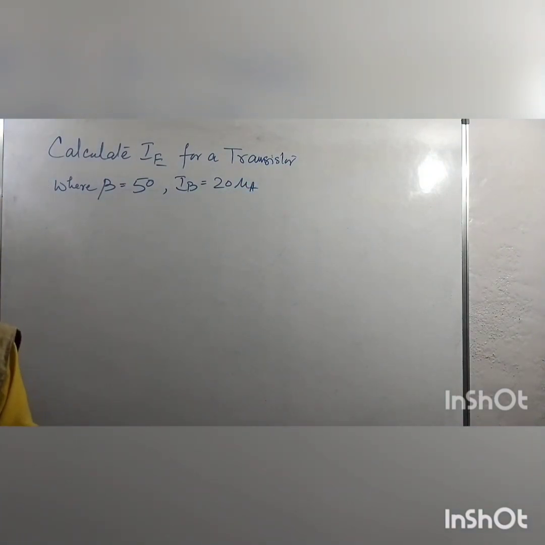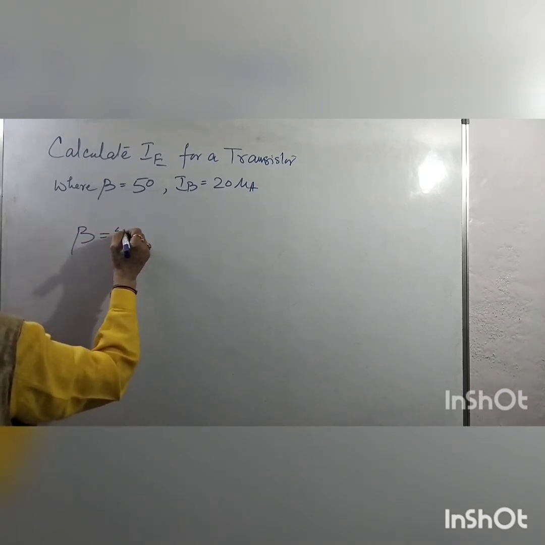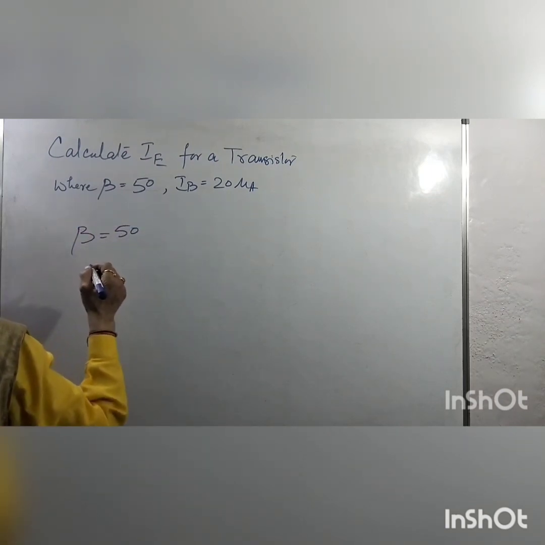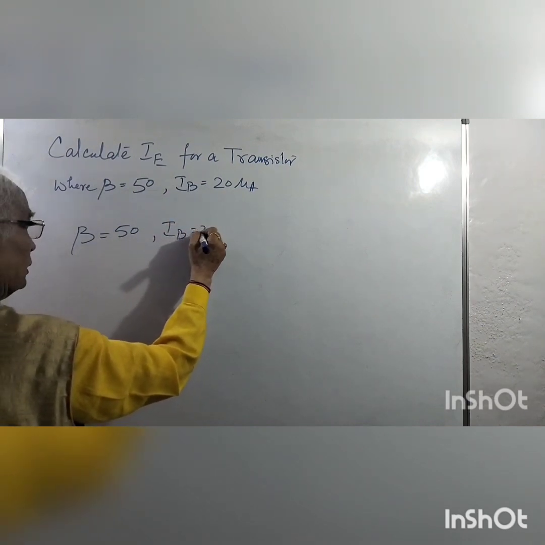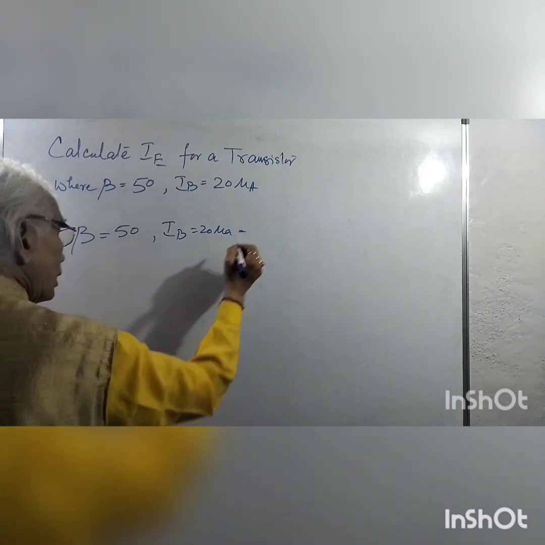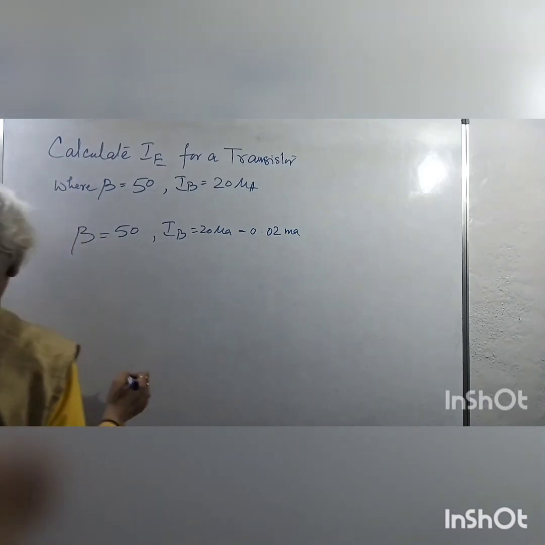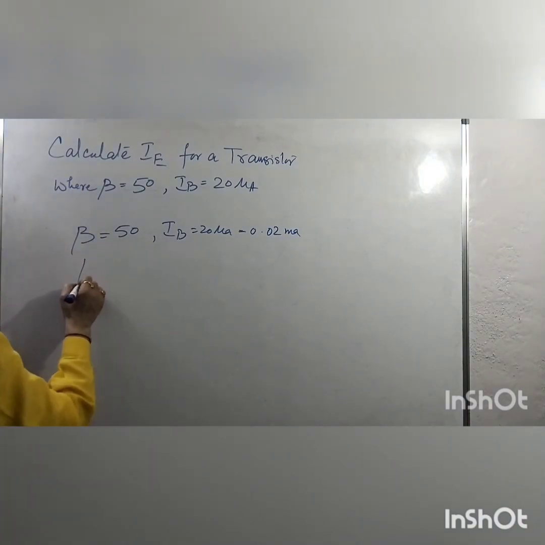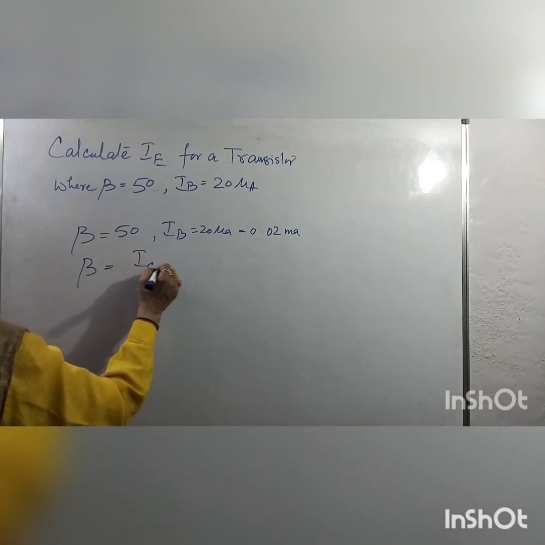And this is, say beta is equal to 50, IB is equal to 20 microampere, means this is equal to how much? 0.02 milliampere. Okay.